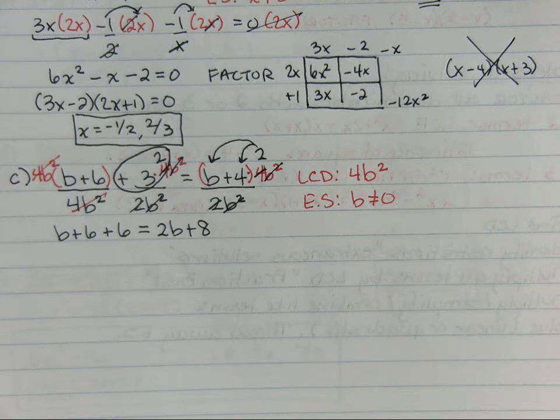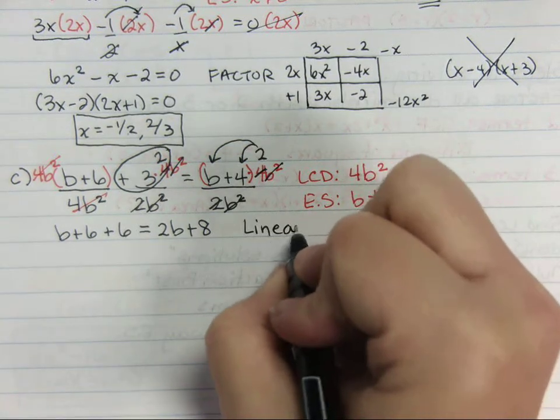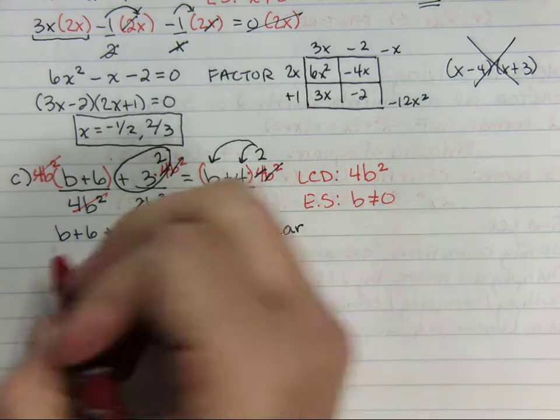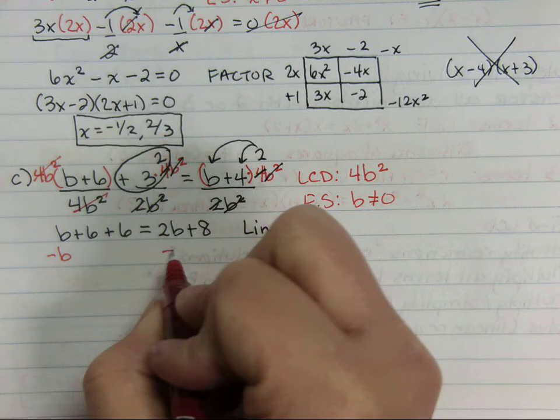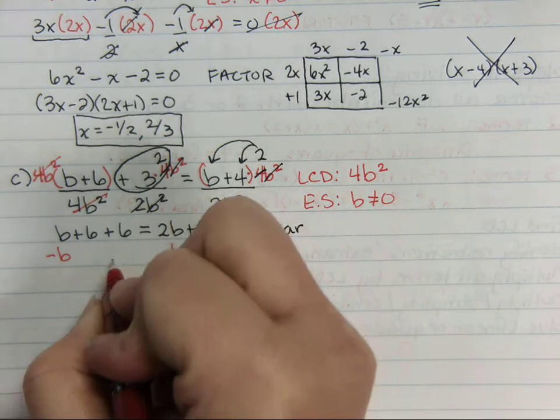Now when I look at this, I don't have anything squared, so this is something linear. And when you have something linear, you're trying to separate your variables and your constants. It doesn't matter which way you go. I'm probably going to leave the 2b on this side and move b over. And then I'm going to move the 8 to the other side.